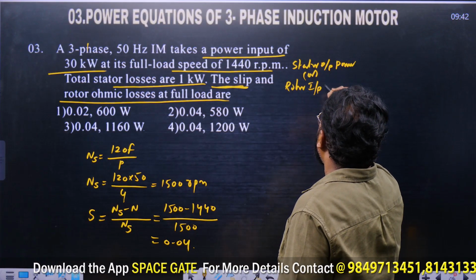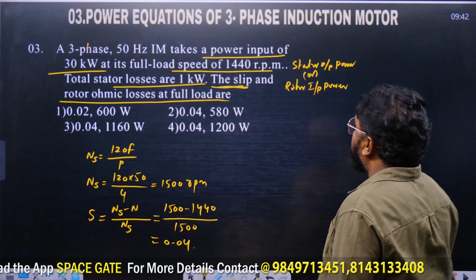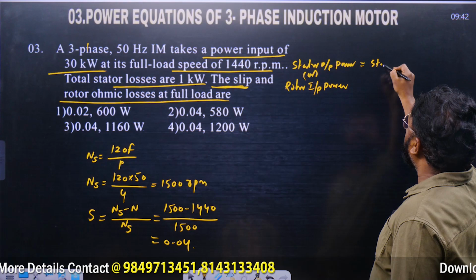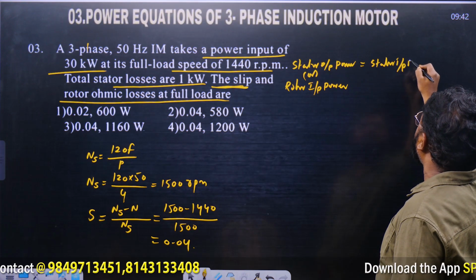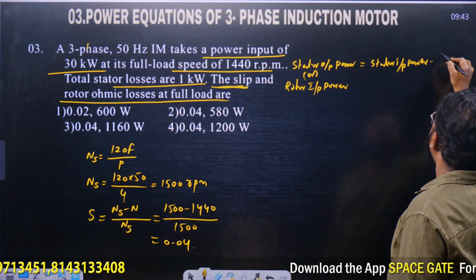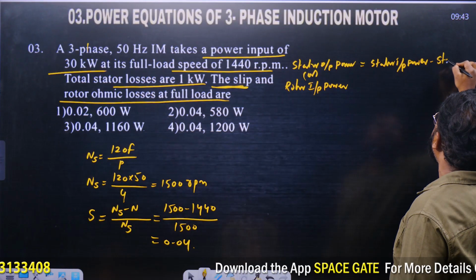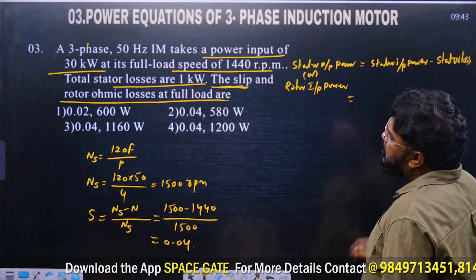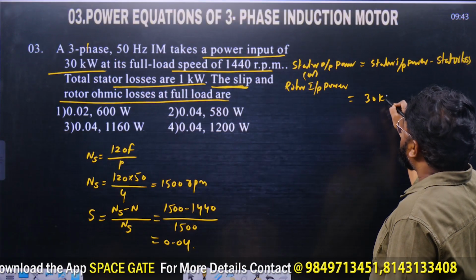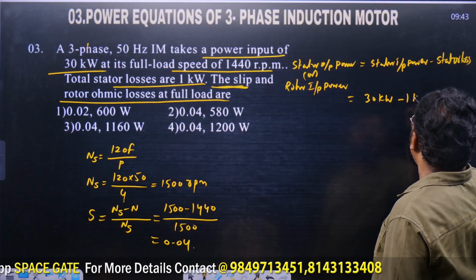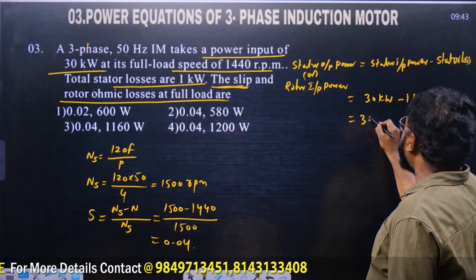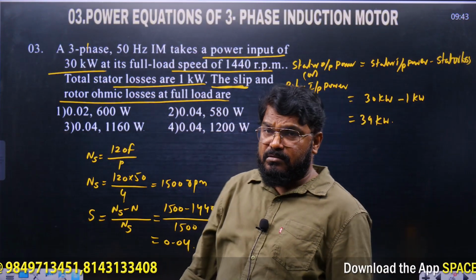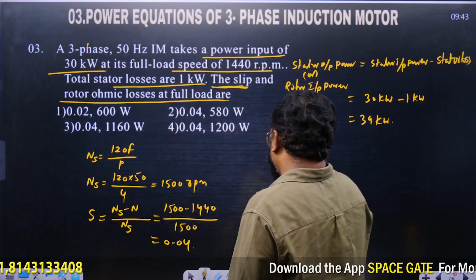So the rotor input power of the motor is the stator input power of the motor minus the stator losses. It is equal to 30 kilowatts minus 1 kilowatt, which is equal to 29 kilowatts. This is the rotor input power, but we require the rotor copper losses.